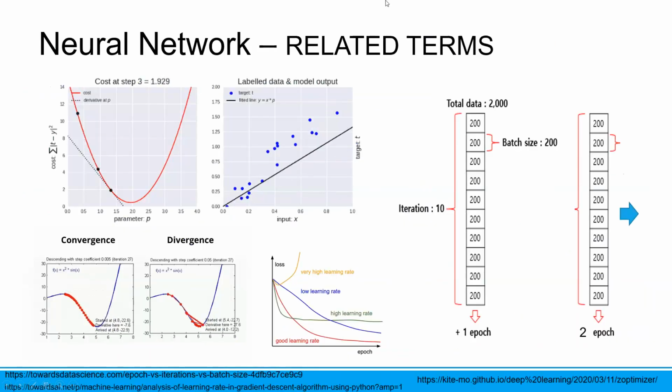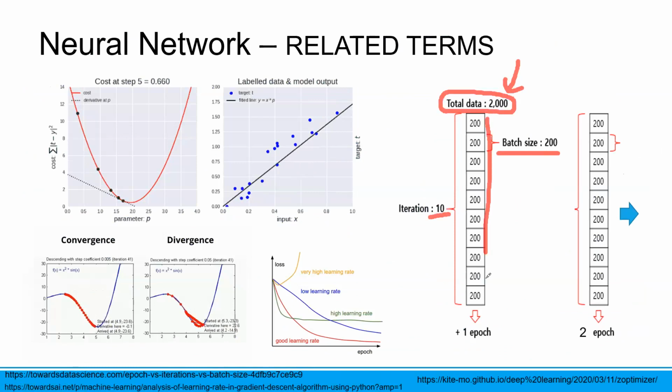So this is an example. Let's say I have a total of 2000 data. I can define the batch size as 200. So this 200 means I will select 200 data, 200 data, 200 data, and because I know that there are 2000 data, it means there will be 10 iterations.